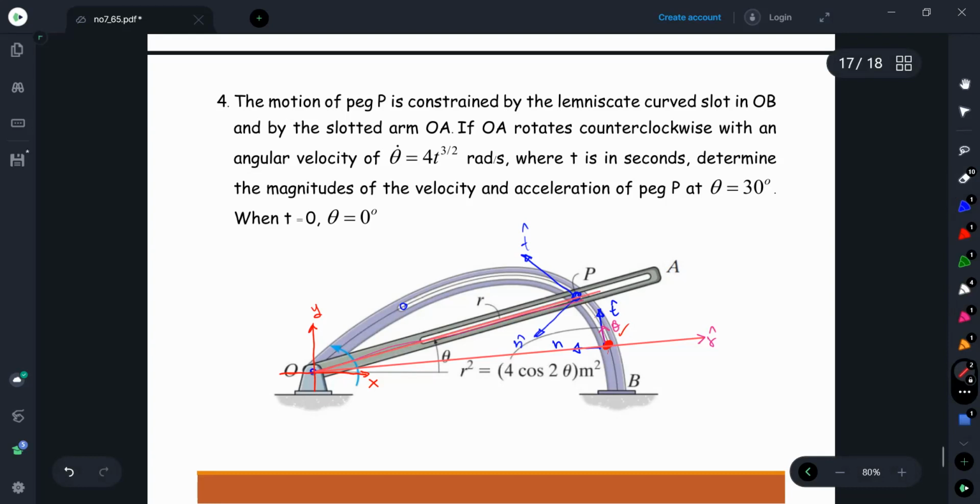The r direction should be like this. Okay, you see that r and n do not coincide with each other now. And also for theta, it should be here. Okay, do you understand better now?